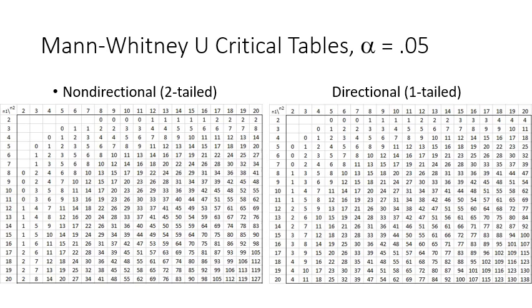Here are our Mann-Whitney U critical tables. I put two tables here. This is only for alpha 0.05. If you had other alpha values, you could use other critical tables. On the right is for one-tailed, and on the left is for two-tailed, non-directional. And you see here you've got your N1 and your N2.